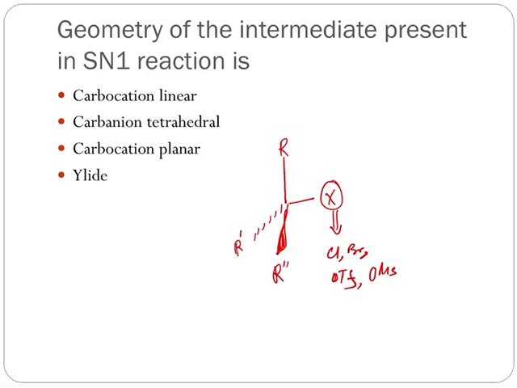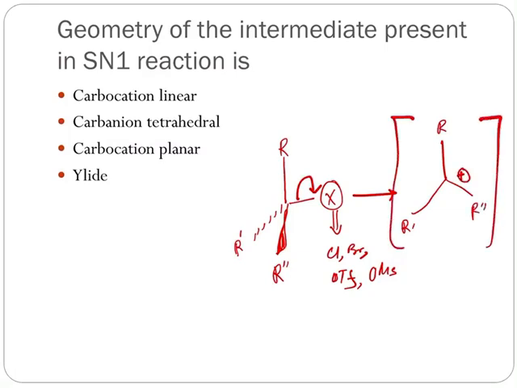Now under SN1 condition, this bond will be broken down and this will form a carbocation, and this carbocation is very much planar and sp2 hybridized, and the shape of this carbocation is triangular, and the angle between two bonds is very much near about 120 degrees depending on the R substituent.